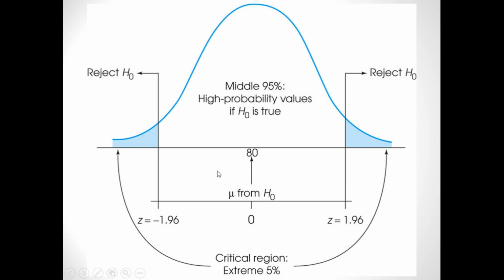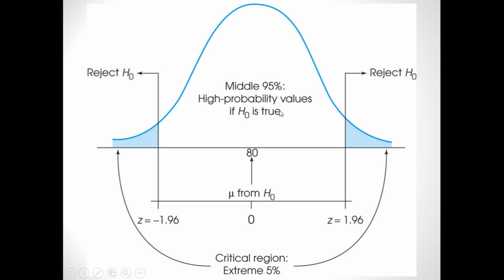For the normal distribution of mean 0 and standard deviation 1, we have a 5% low probability level for the threshold, and the middle 95% is the high probability value if H0 is true.